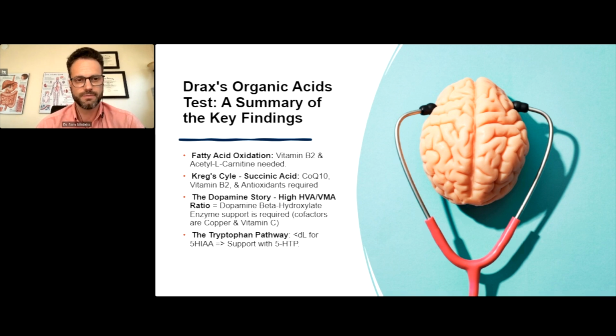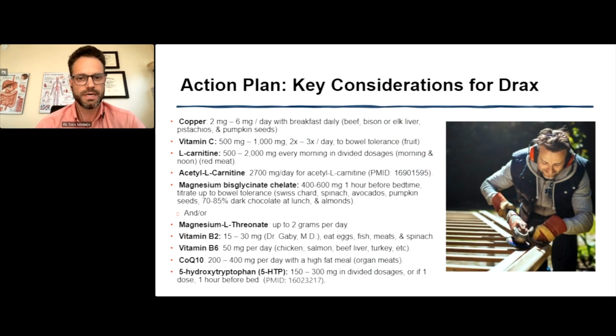And then tryptophan, so we have 5-HTP as our solution here for undetectable levels of this 5-HIAA marker. So basically, here's your more in-depth summary of our action plan with some research.